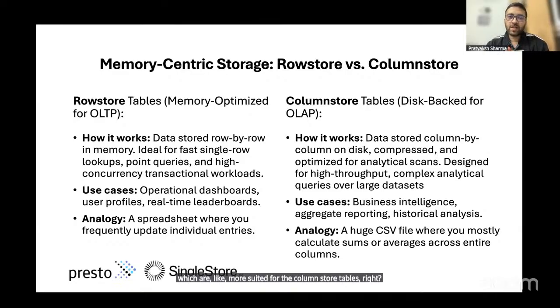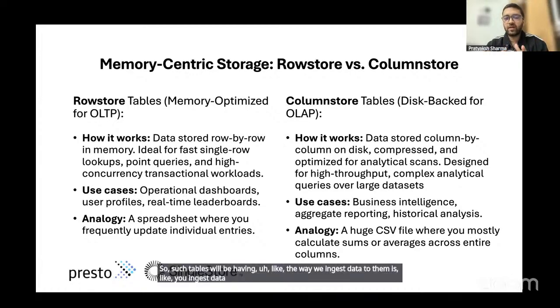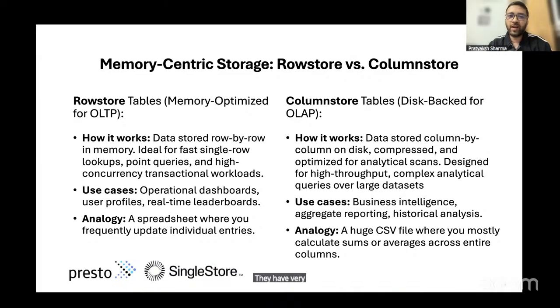Such tables are ingested in a bulk load in a single go, and then they have very infrequent updates to the data. So basically, SingleStore is able to support the OLTP and OLAP kind of workloads.